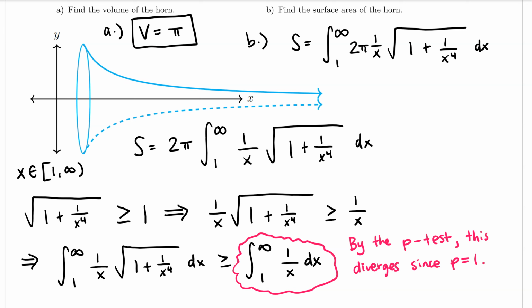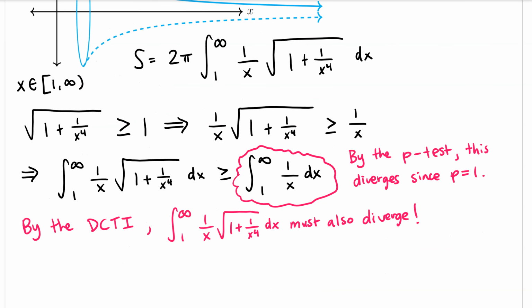And if the smaller thing diverges, then the thing that's greater than or equal to it must also diverge by the direct comparison test for integrals. So again, to reiterate, by the direct comparison test for integrals, the integral from 1 to infinity of 1 over x times the square root of 1 plus 1 over x to the 4th power dx must also diverge.